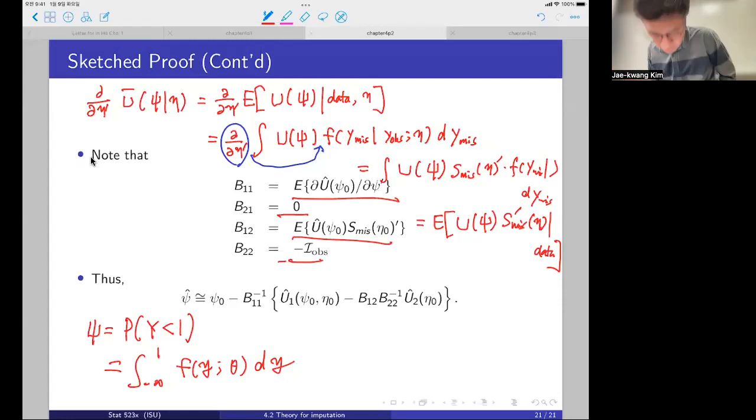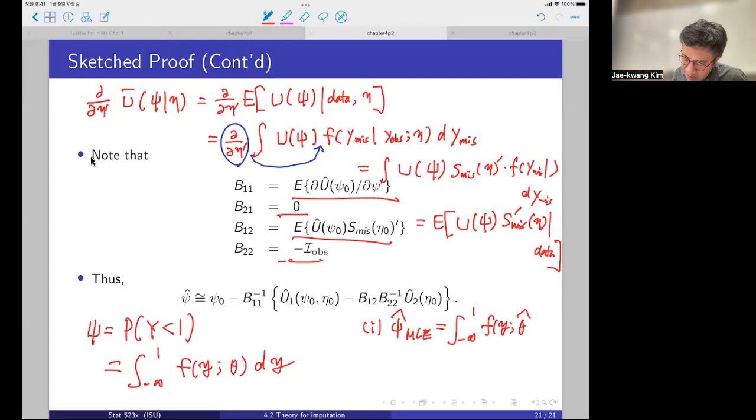One is the MLE: psi hat MLE is computed by integrating the density at theta hat MLE over y less than 1. So that's one way.